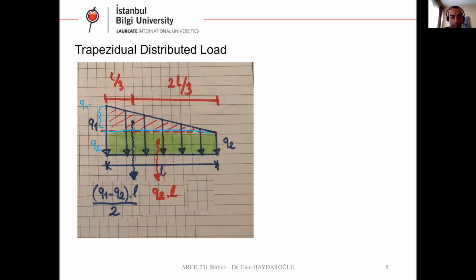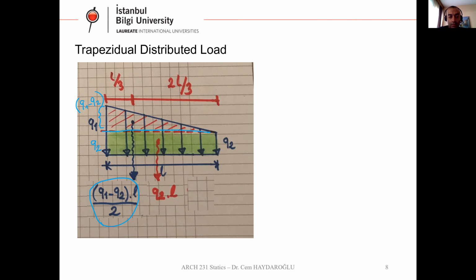Q1 minus Q2 times L over 2. This is the area of this red shaded area. Can you see this area easily when you take a look at this trapeze shape? This is basic. Divided two basic shapes and calculate the area. This is the area of triangle.